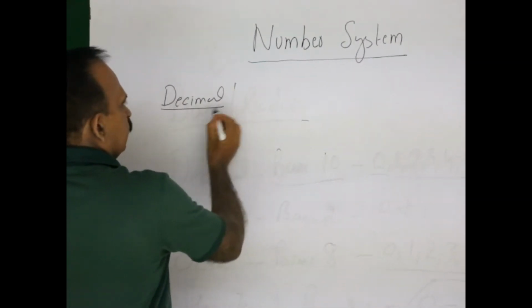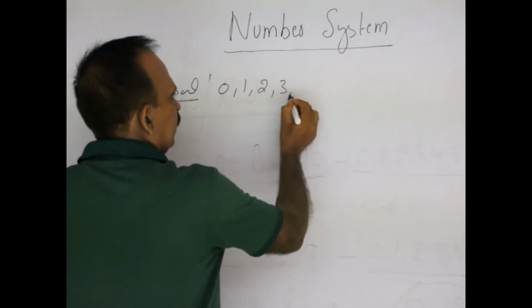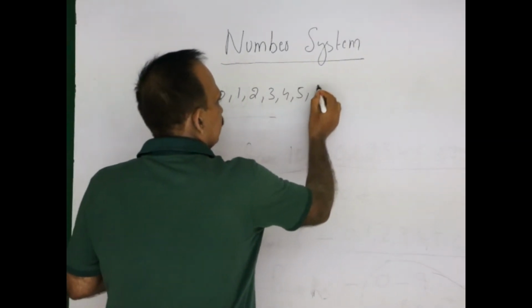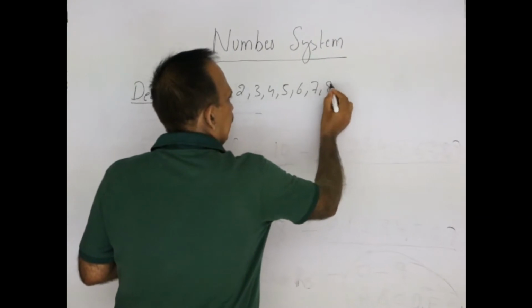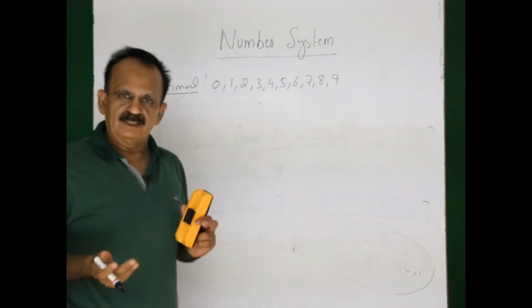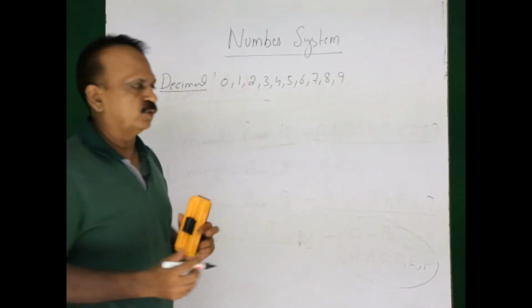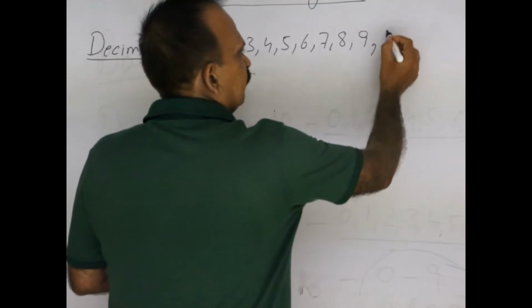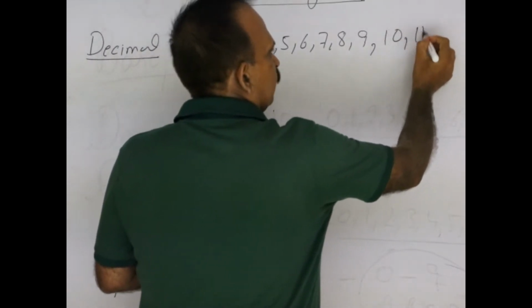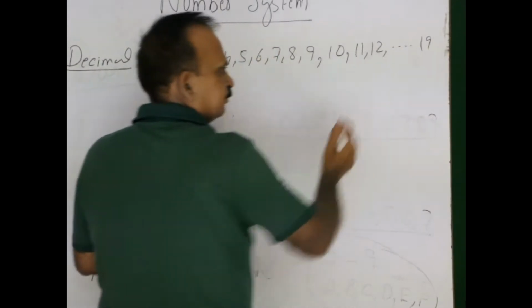The sequence of counting will be 0, 1, 2, 3, 4, 5, 6, 7, 8, 9. Now, the digits are over because the total digits are 10. Then a combination of these digits is used, like after 9 it will be 10, then 11, 12, and so on up to 19.